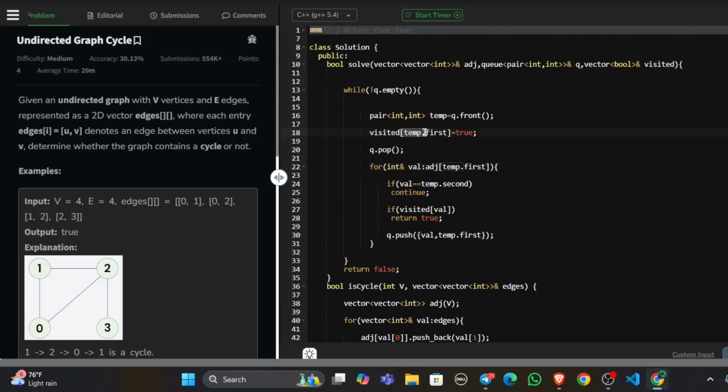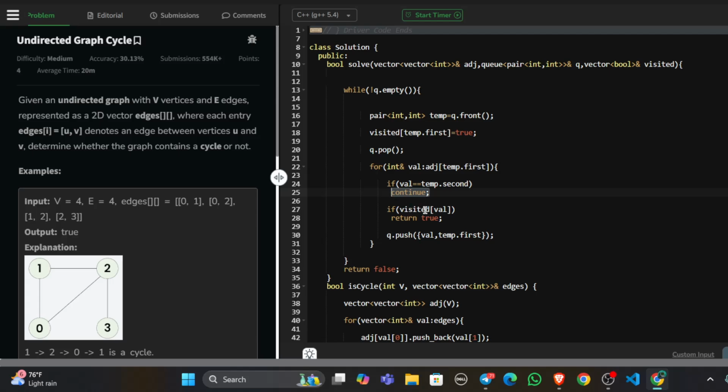Simply mark the parent node as true. Then I'm going to push all the values of the parent. If the parent value is equal to the pair's second, which is the parent, then we have no need to push into the queue. We simply continue. Okay.